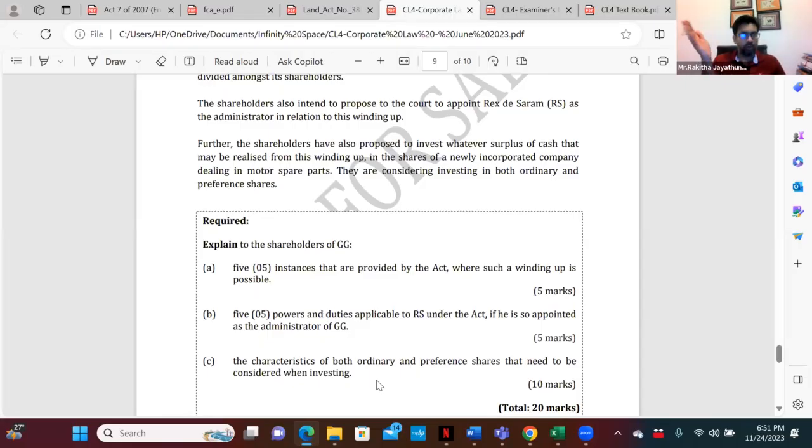So you can go through the comments made by the examiner. Those materials are uploaded to your website. So from there, you can download it. While I'm explaining the answers also, you can go through the comments. Some of the comments I will mention, but you need to go through it very carefully because that is how you can identify what your examiner expects from you.